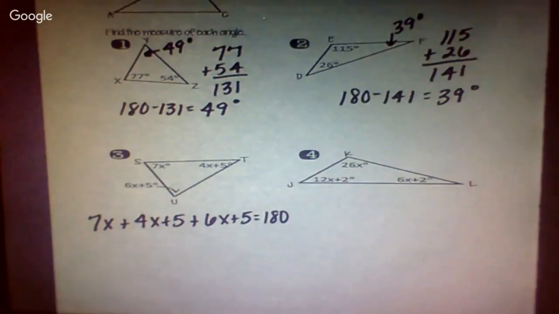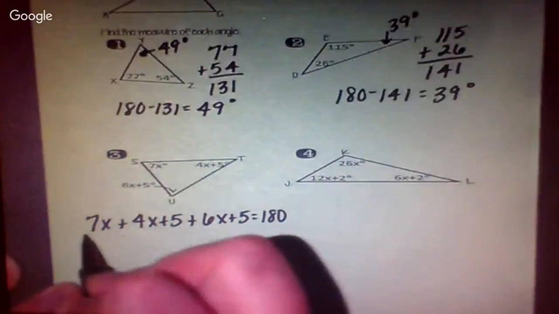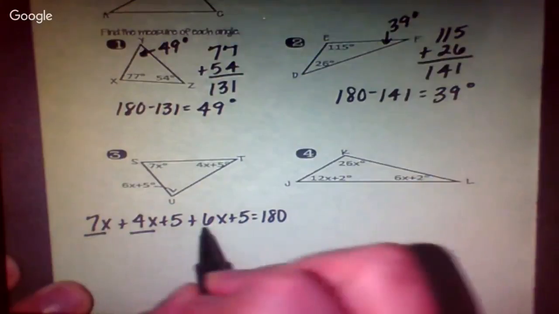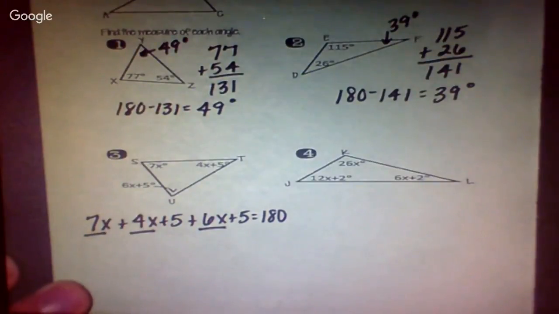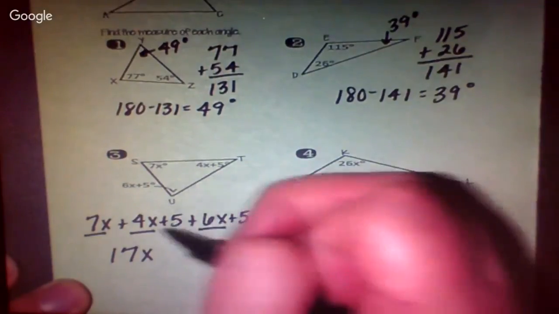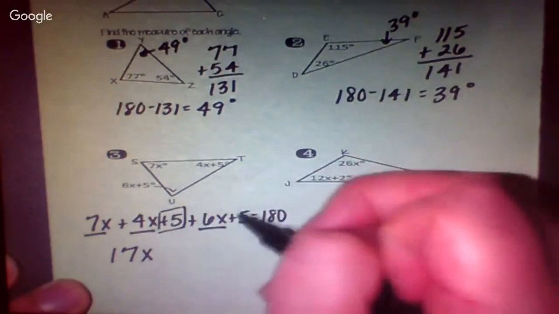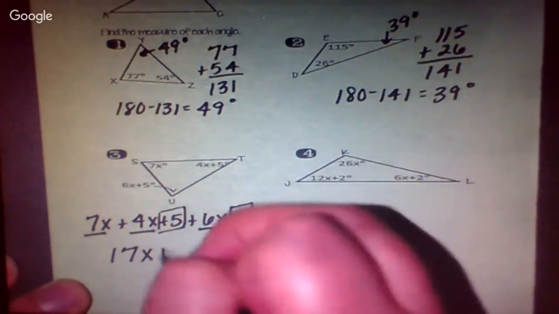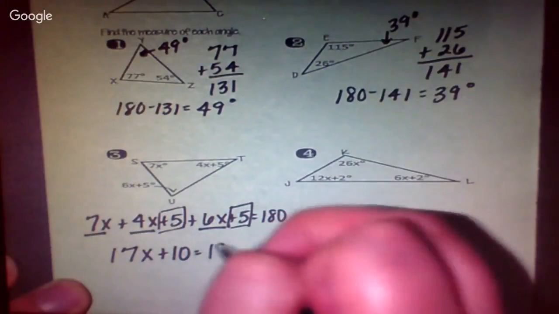It's a lot of stuff. Okay, so it leaves a lot of room to make mistakes. You need to make sure that you're copying stuff correctly. Okay. We've got to combine like terms first. So I've got 7x, 4x, and 6x. 17x. Good, Trevor. 17x. You've got 5 and 5. 10 equals 180.